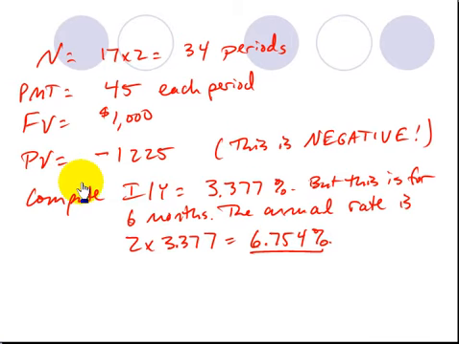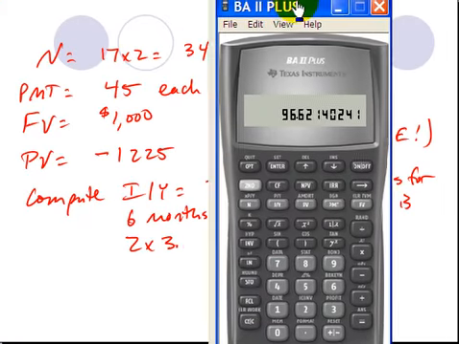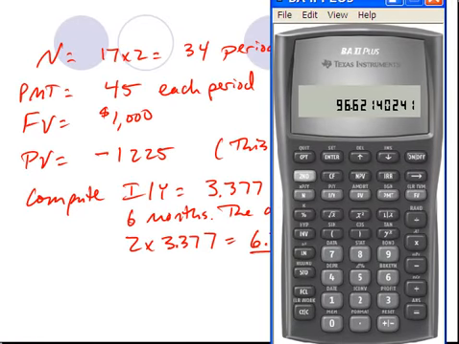every 6 months. So let's go ahead and open up the BA II Plus and do the calculation. I'll stick it over here so that we can hopefully see everything at the same time. All right, so N is equal to 34. So 34 N. And by the way, notice that there is no BGN up in this upper right-hand corner.